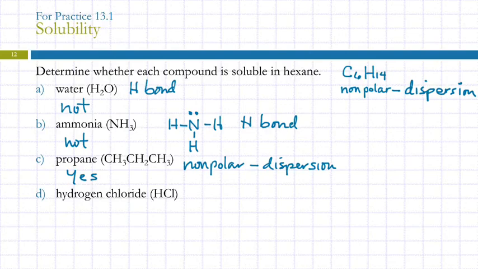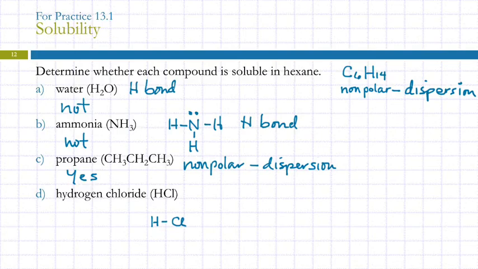Polar or nonpolar? Polar. So this one, you've got hydrogen and chlorine, just two different elements. We're not going to use electronegativity tables on exams. I want you to just have this general idea of, is this polar or not? Here we've got two different elements.